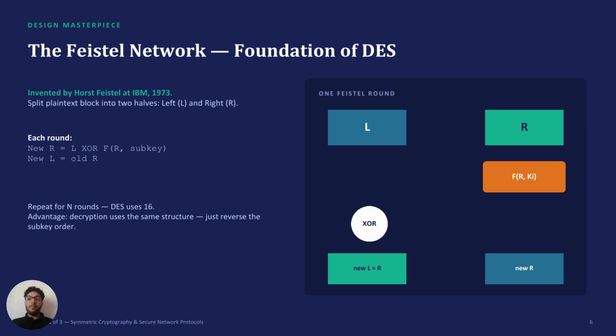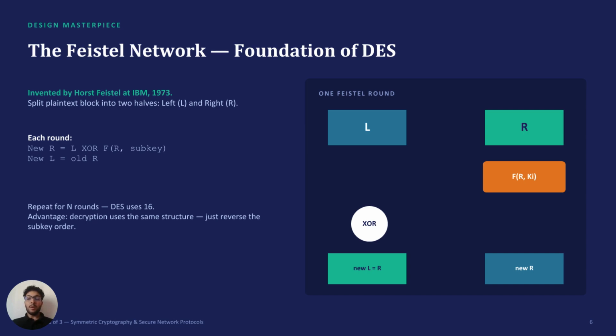Now, the most important concept in this module: the Feistel network, invented by Horst Feistel at IBM in 1973. It is the structural design behind DES and many other ciphers. Here is how it works. Take a plaintext block and split it into two equal halves. Call them L for left and R for right.